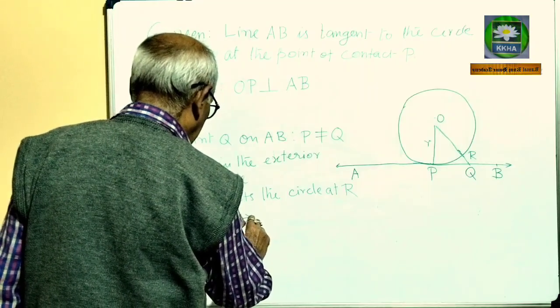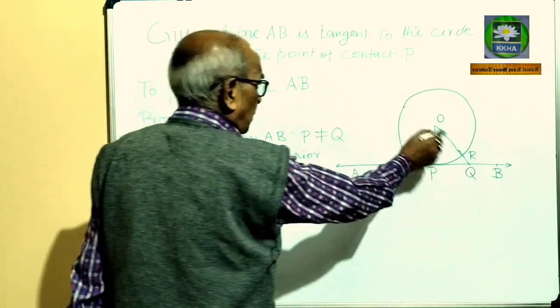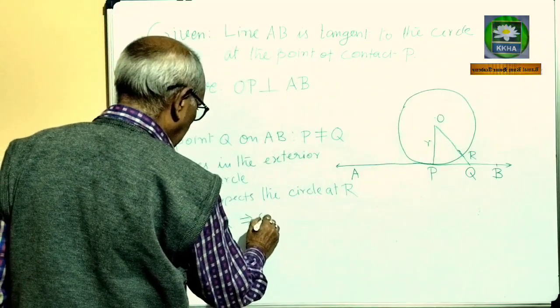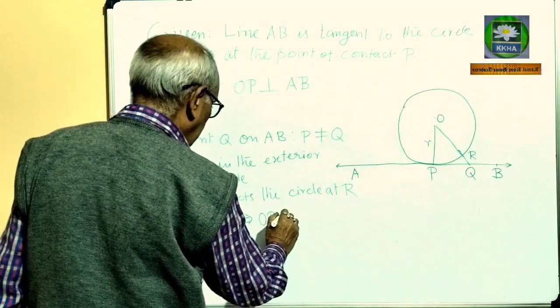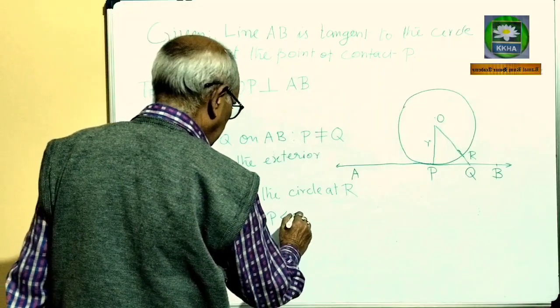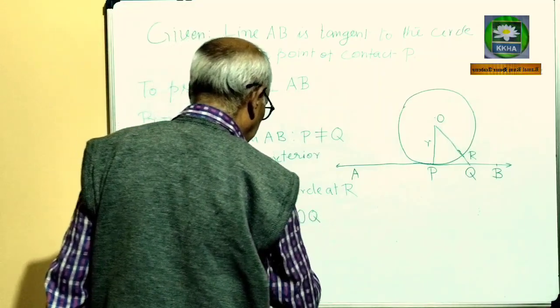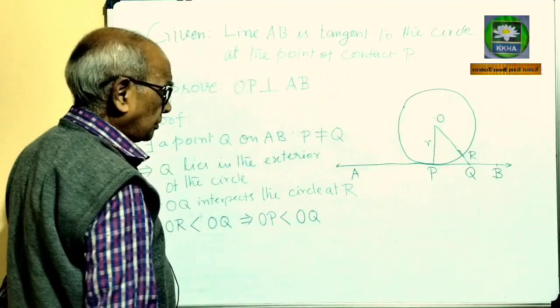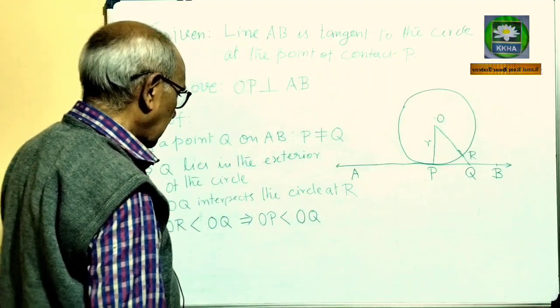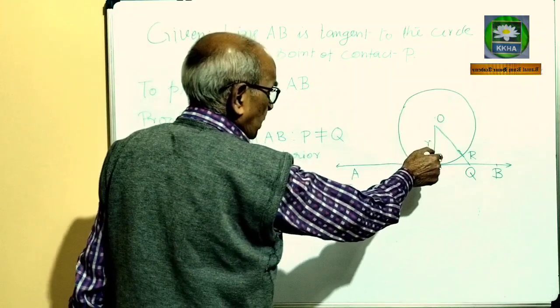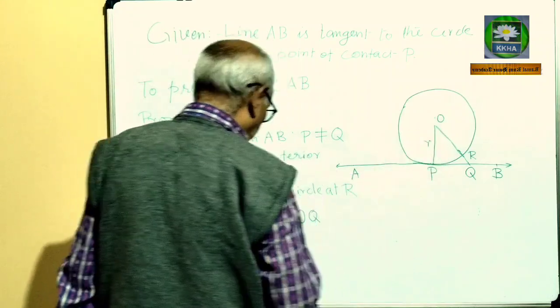OR is equal to OP, so OP is less than OQ. It means OP is shorter than OQ.